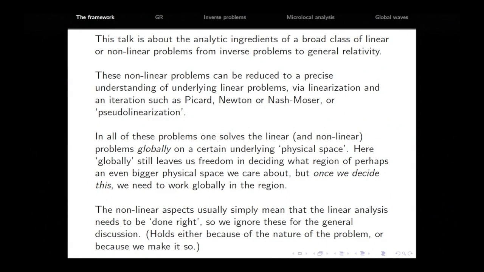But in fact, the nonlinear aspects are not going to be very interesting, so I'm pretty much going to ignore them. Basically, what this last paragraph says is that the linear analysis has to be done right, in a sufficiently robust and flexible and stable manner.